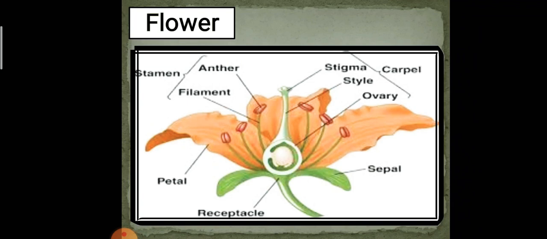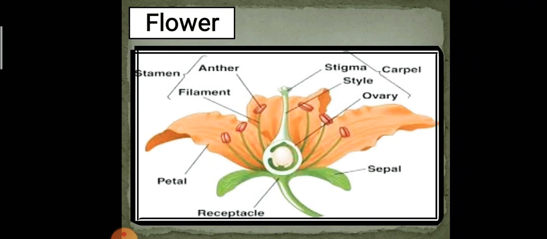Of these four whorls, two are accessory and two are essential. Accessory means they do not take part directly in sexual reproduction, but they are useful indirectly to perform sexual reproduction.